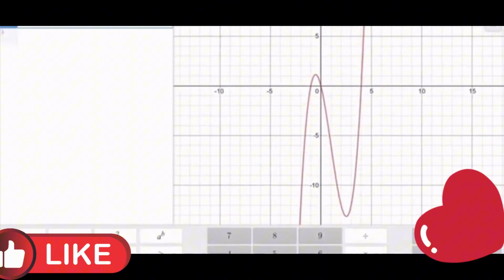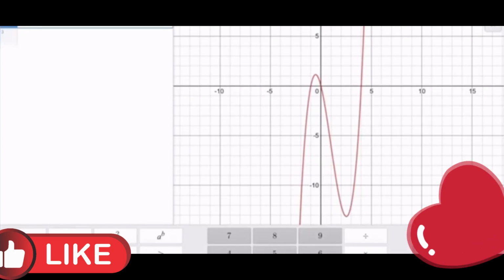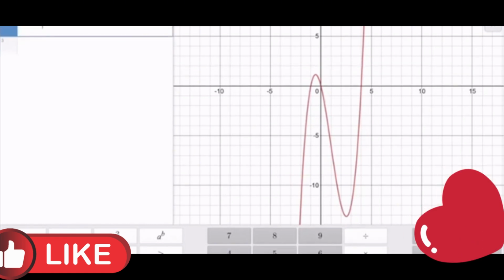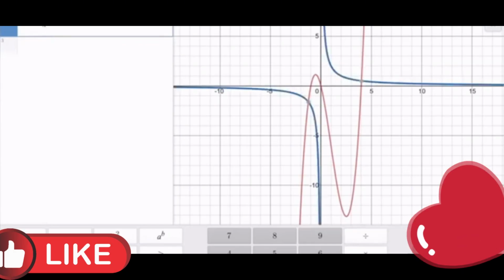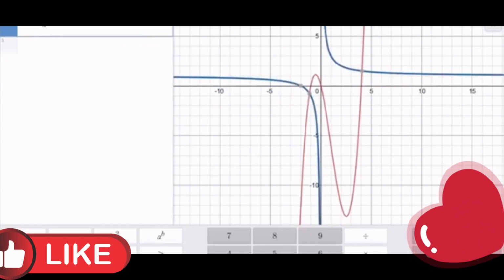If we put our second graph in then, which was y equals 2 over x, so 2, and we'll put divide by x, there we go, come out of the fraction, and then we'll put the +1 there. And that shows it moving up slightly.